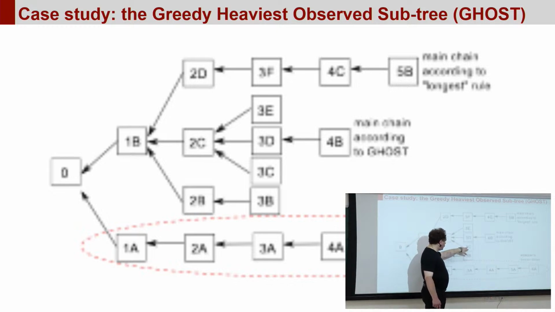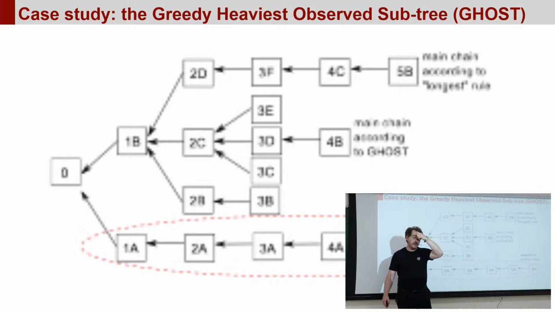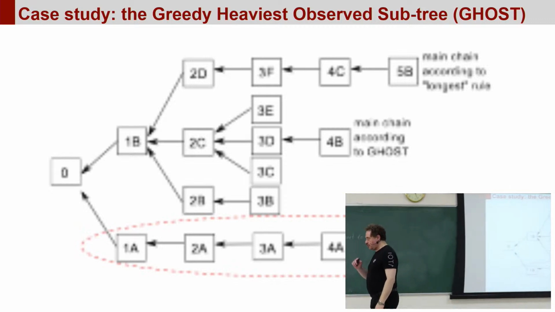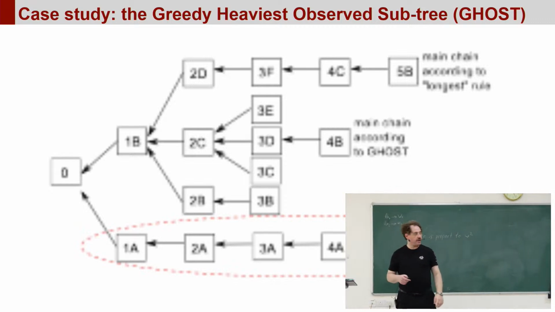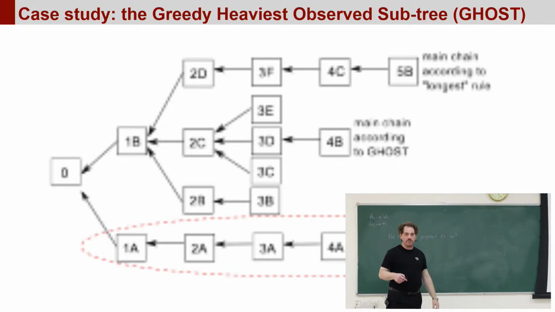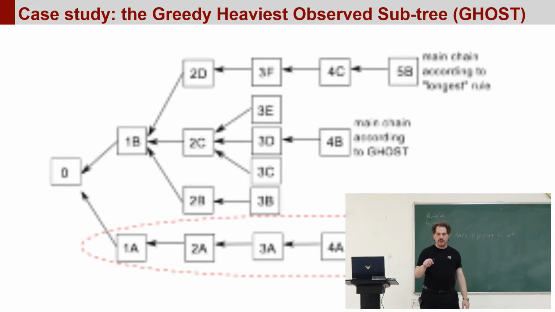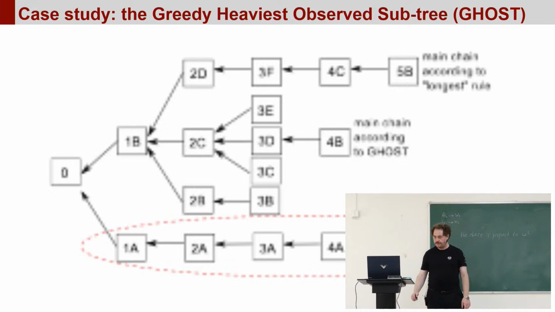But this block may also include some transactions which are not on the main chain yet. And there are variations of Ghost, again Inclusive, which include transactions from uncle blocks which are not present on the main chain yet, and they merge them with the transactions on the main chain.